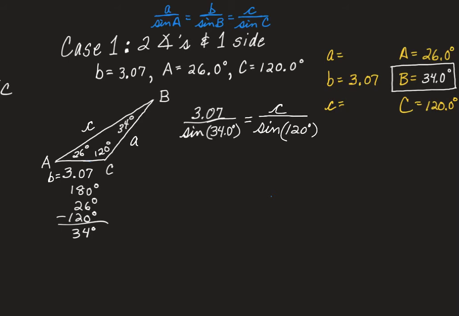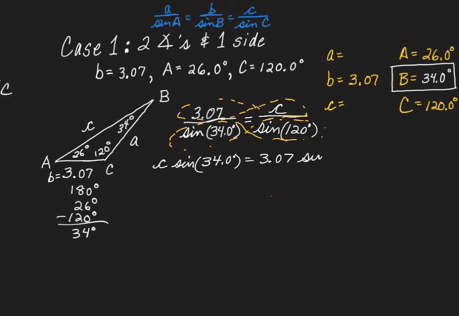All right, so at this point, we're just going to follow what you have done many times before. You're going to cross multiply. So on the left-hand side, let's put C times the sine of 34.0 degrees equals 3.07 times the sine of 120 degrees.